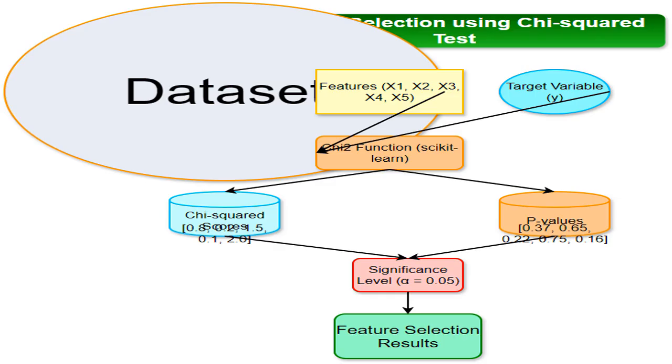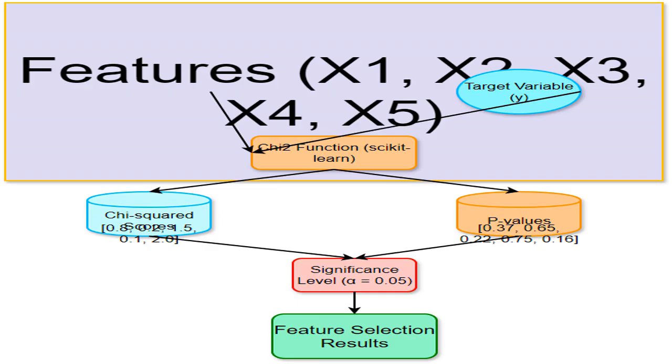I am working with a dataset that has 5 features, which I'll call x1, x2, x3, x4, and x5. Each feature is a variable that I'll use to try and predict a target variable. Think of it like trying to predict whether someone will buy a product based on their age, income, location, etc. This is what I am trying to predict.